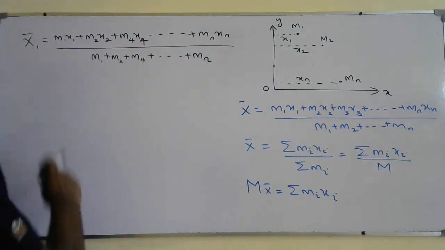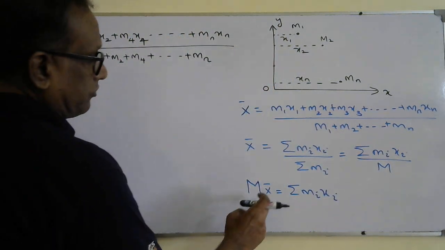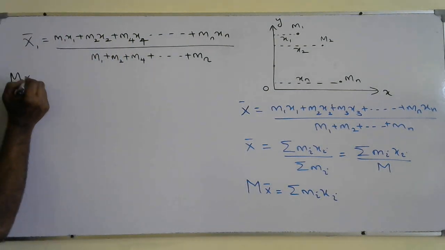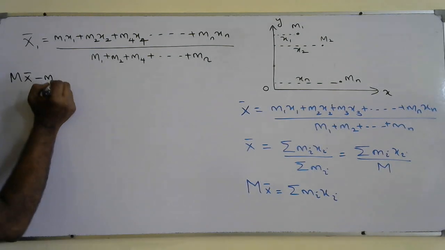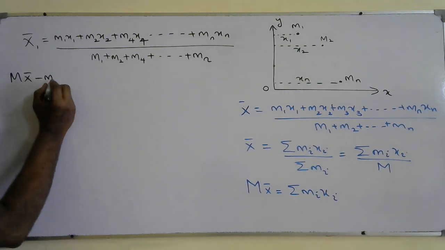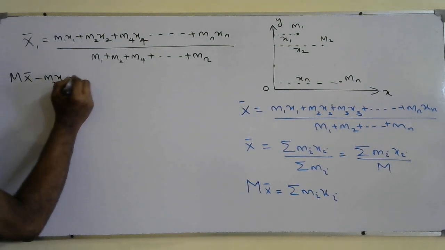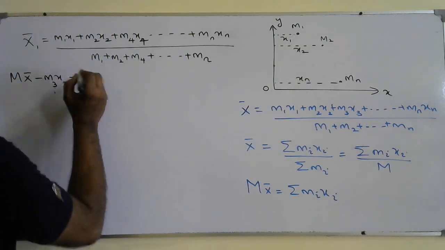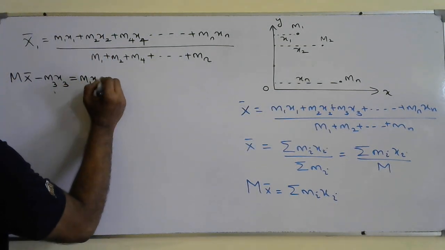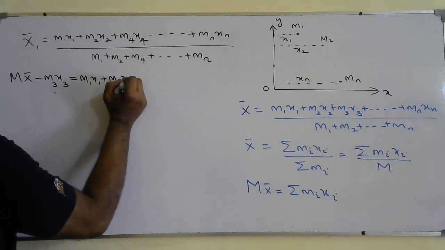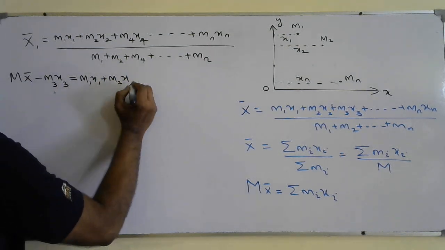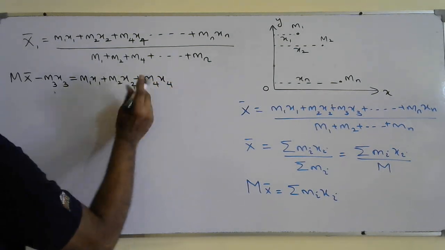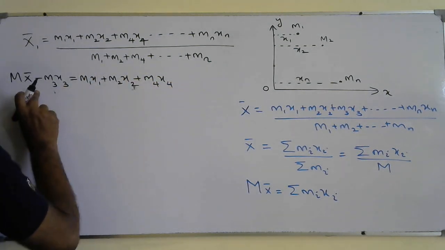So how can we get x1 bar in terms of x bar? From this, M x bar minus m3 x3 is equal to, from the right side, m1 x1 plus m2 x2 plus m4 x4 up to mn xn, because m3 x3 has come to the left.